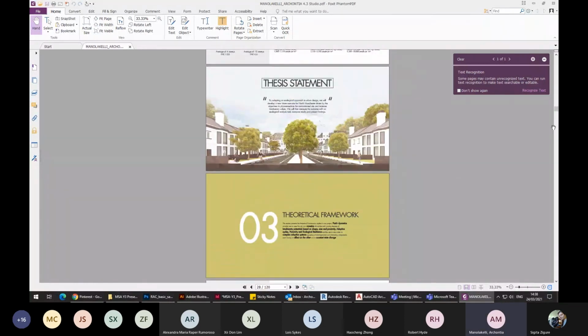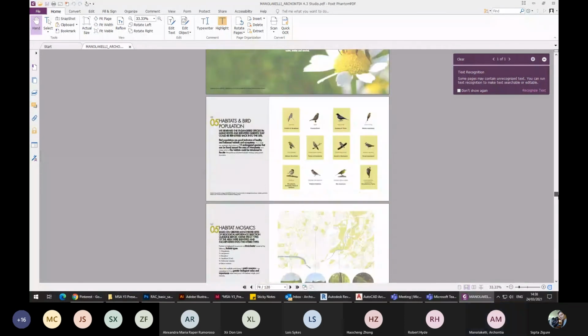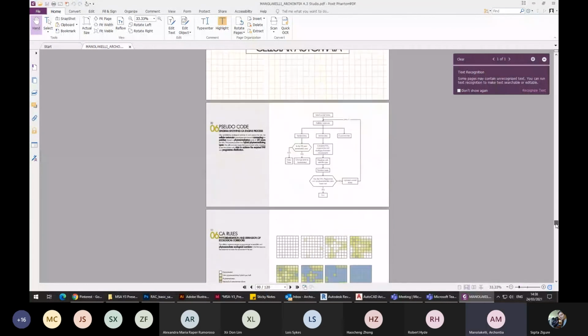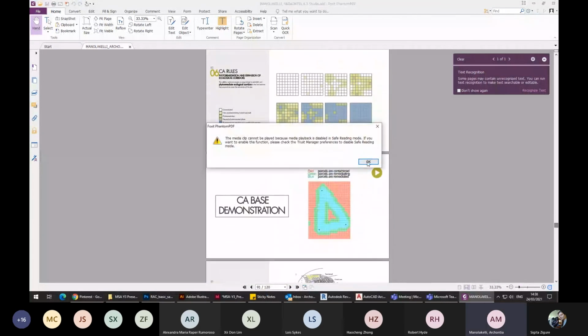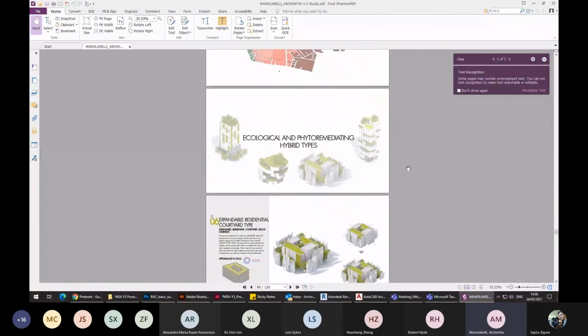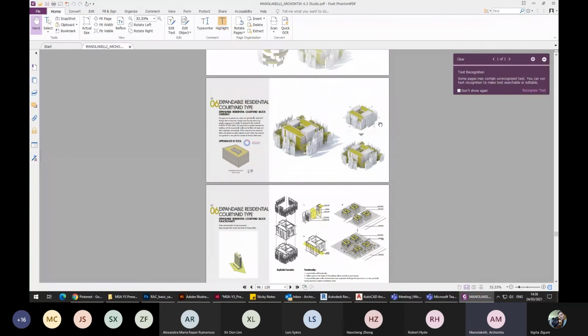So this is one of the drawings, and then if I go all the way down to the drawings of the buildings, here we have embedded video, for example. What we decided to do was to show the buildings as a diagram.